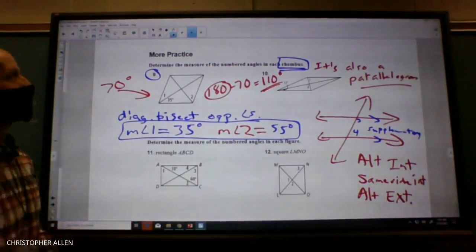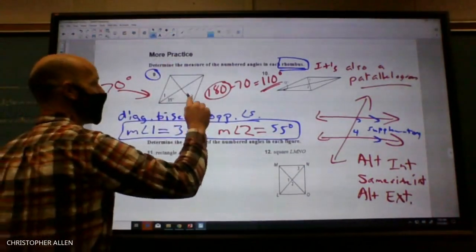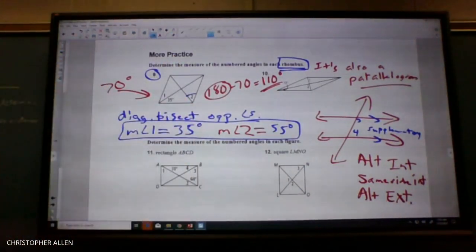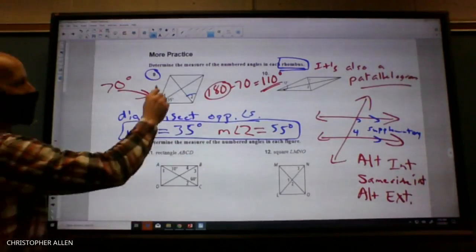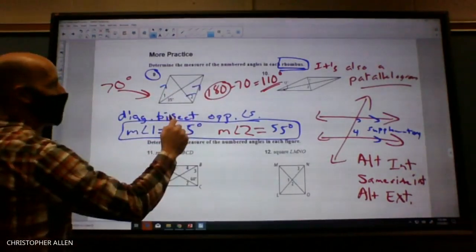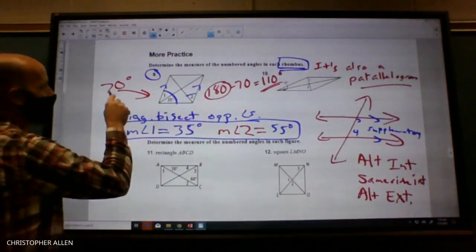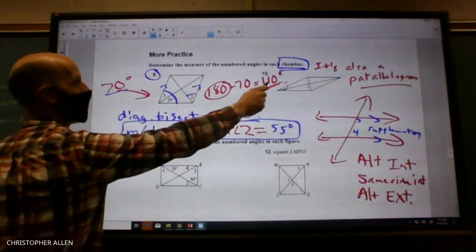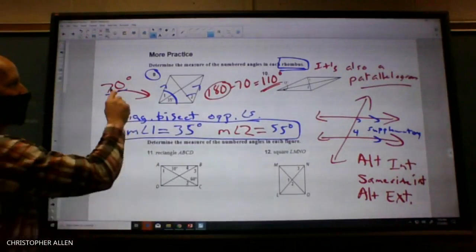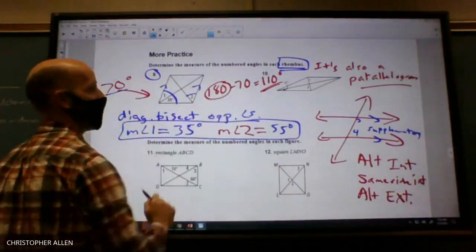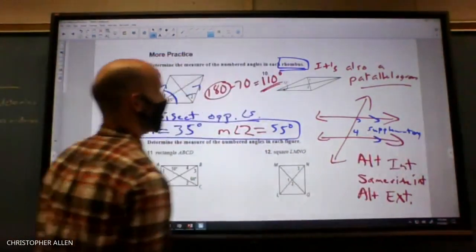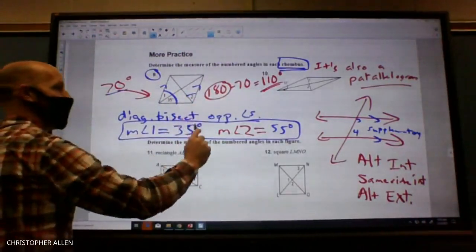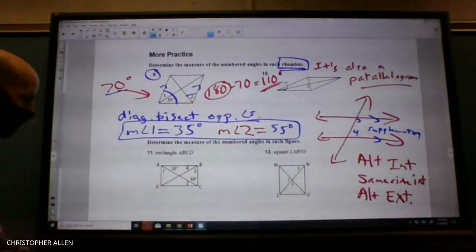The harder part is figuring out what that angle is. Since this side is parallel to this side, if this is 70, then this angle over here has to be 110, because 70 plus 110 is 180. That's what supplementary means. And then I take that 110 divided by 2, and that gives me 55.